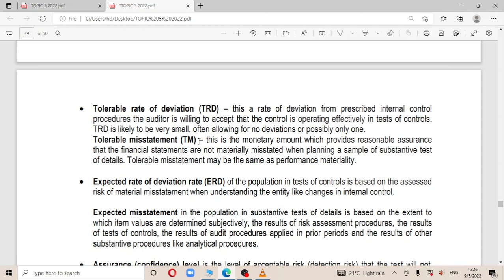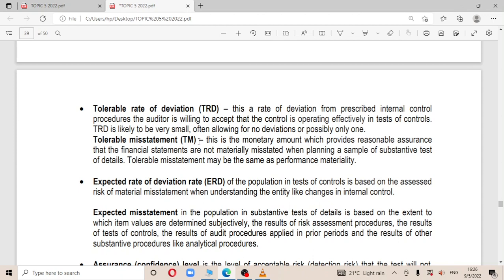Excuse me. Yes? Can you please pardon on non-sampling risk? I said non-sampling risk is the risk arising out of reasons which are not concerned with the sample. The sample was selected correctly, but you, the auditor, are giving a wrong opinion because of other reasons, other than those coming from the sample.